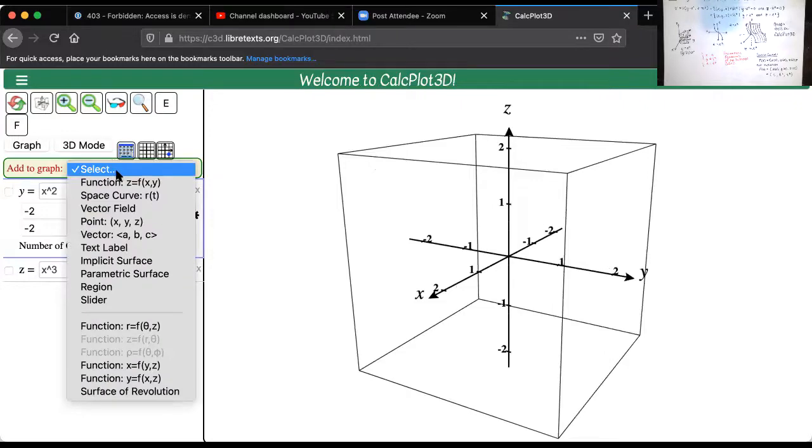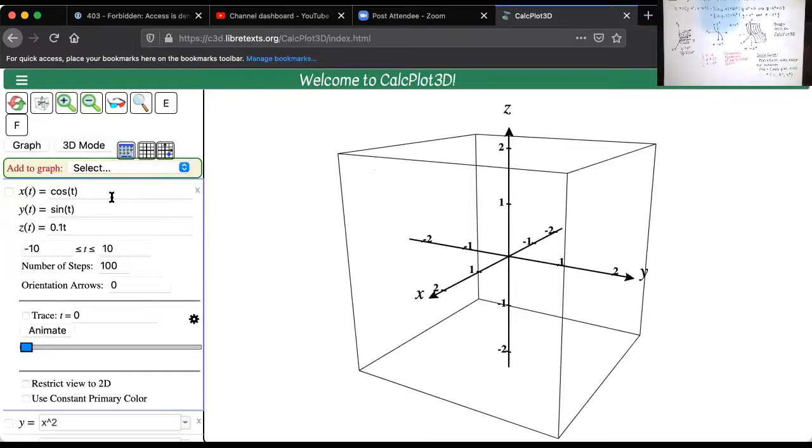Here I want to graph a space curve. So I choose space curve from my list, r of t, and it gives you a generic space curve to start. It gives you a helix. Let's delete the equations of those components. We want x to equal t, y to equal t squared, and z to equal t cubed. If we let t go from -10 to 10, we get something that looks like that.